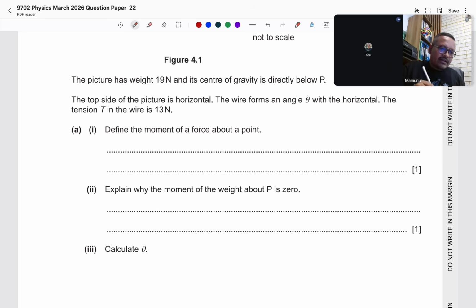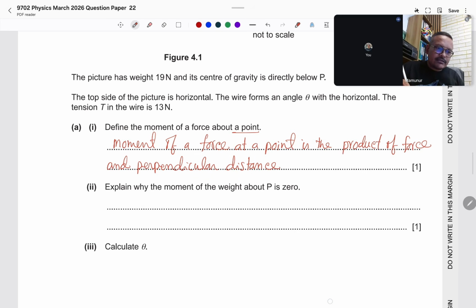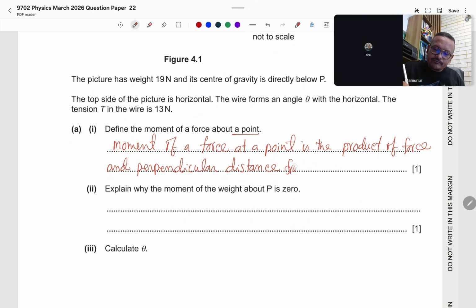We will write it here: moment of a force about a point, because they are asking about a point, is the product of force and perpendicular distance from that point.